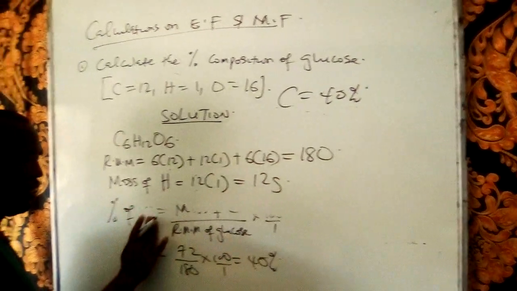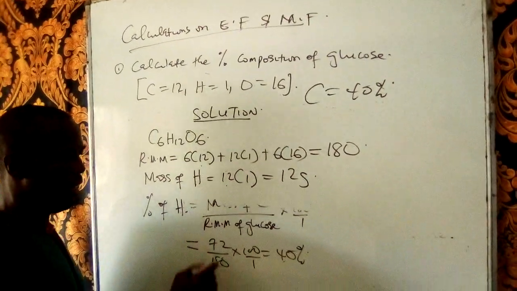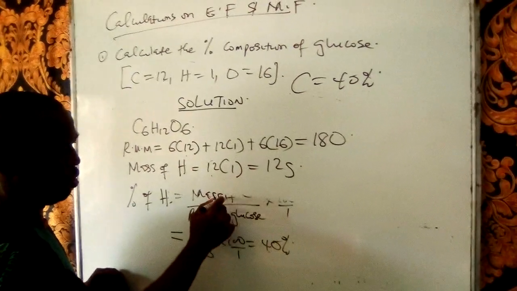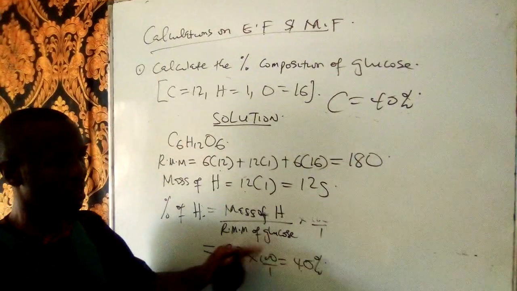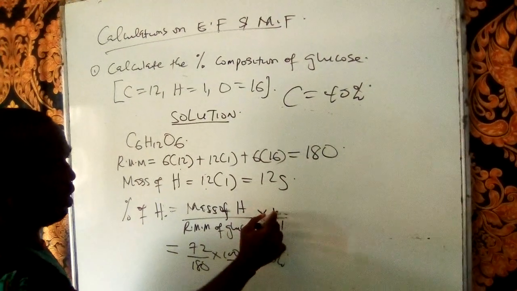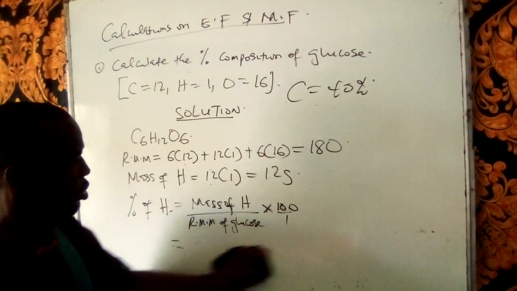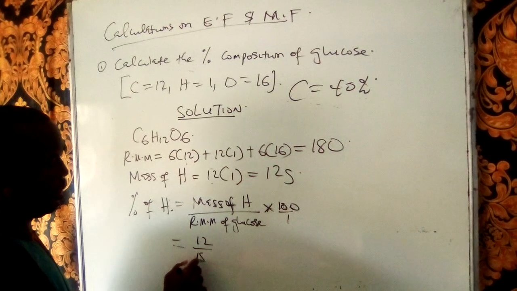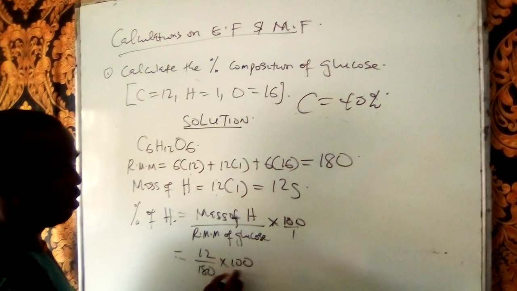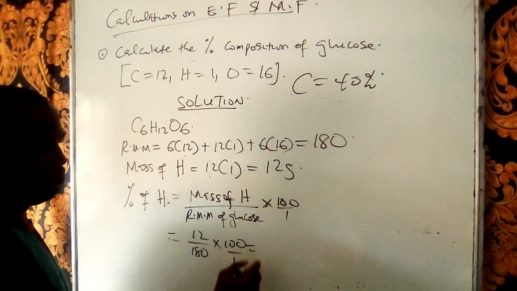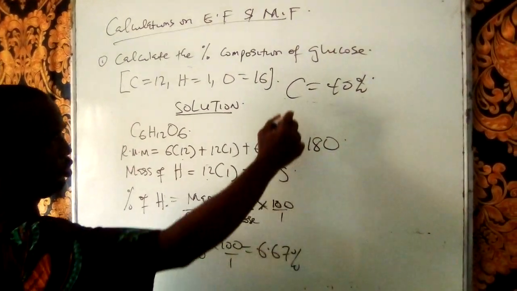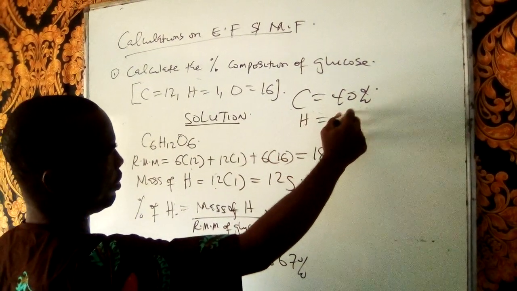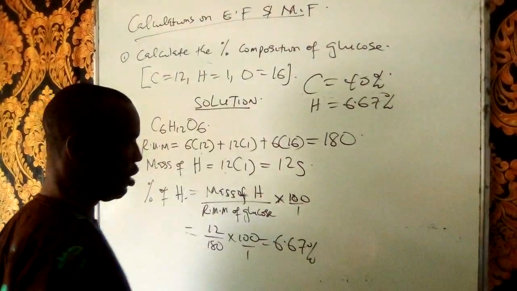So the percentage of hydrogen now becomes mass of hydrogen, we change the carbon to hydrogen, all over the molecular mass of glucose times 100 over 1. To do that, we now get 12 over 180 times 100, and that will give us 6.67%. So hydrogen is giving us 6.67% of glucose.